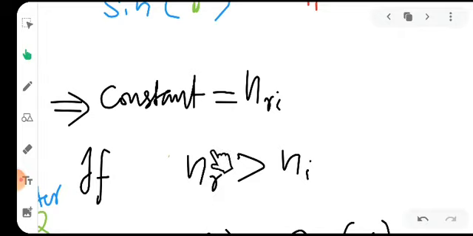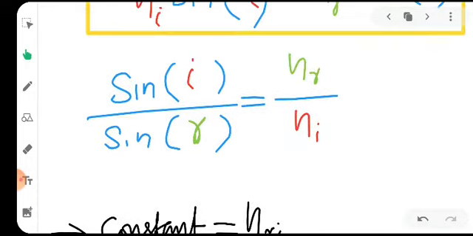See, if the numerator term, which is Nr, is greater than the denominator term, what happens in the following ratio?